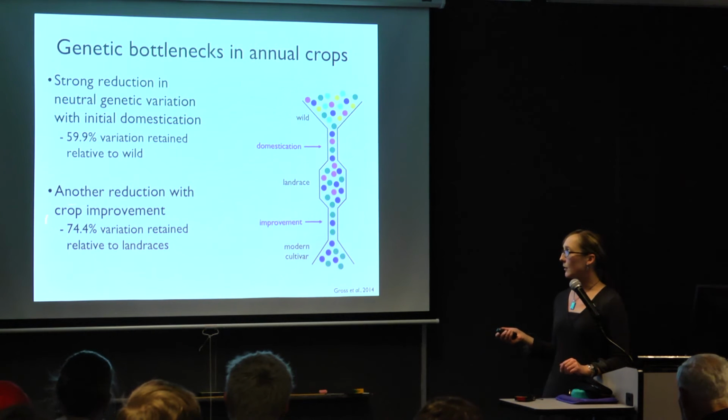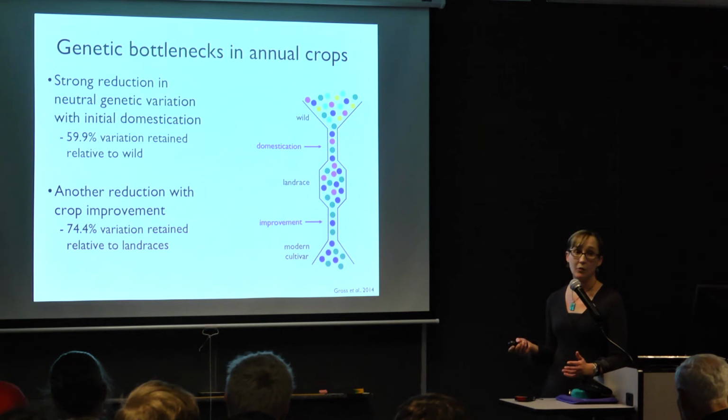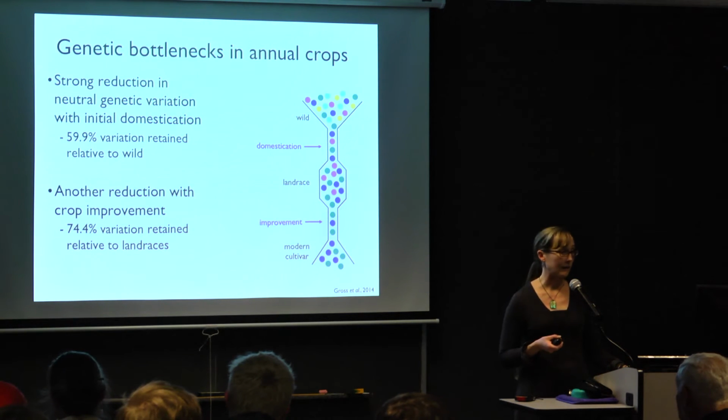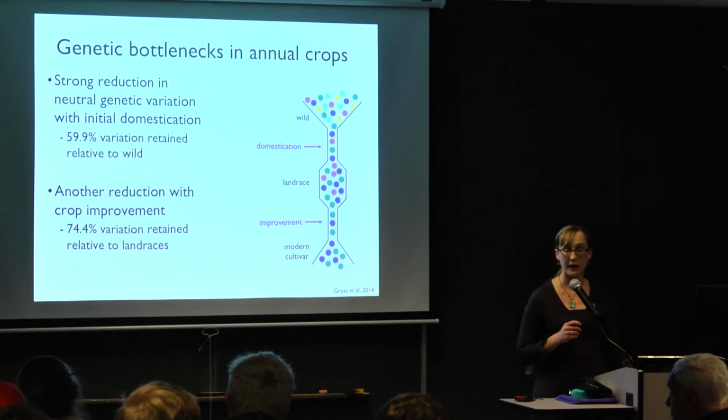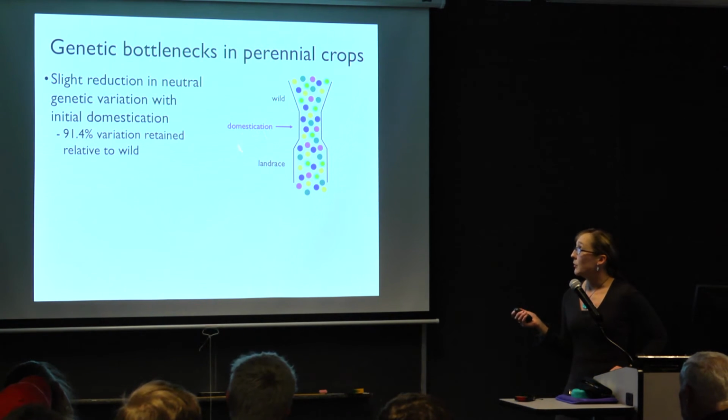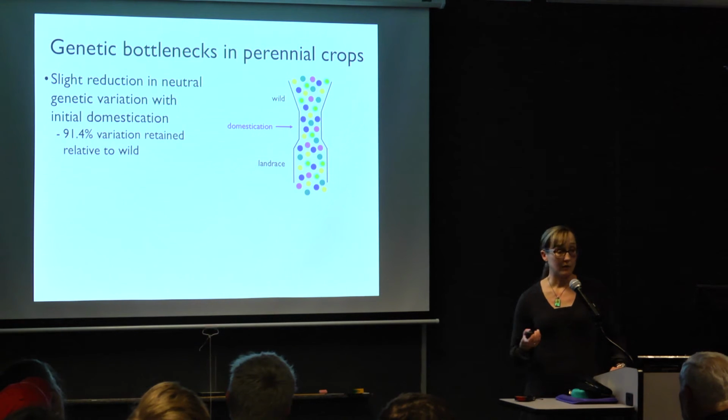And in this case, the average from the literature showed that you lose about 25% more variation in that step. So you retain on average about 75% of the variation. Again, there's variation, but that's what's in the literature right now as an average. In perennials, we have a really mild domestication bottleneck.